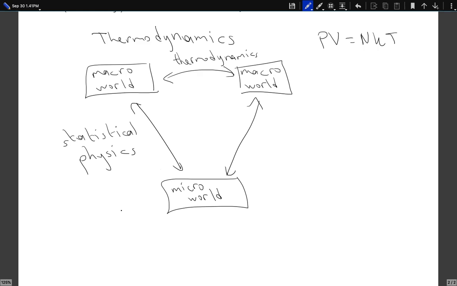So that will be the purpose of this whole course: how, at least in simple systems, we can start from the microscopic description, from the Hamiltonian of the system, whether you do classical physics or quantum statistical physics, and obtain the thermodynamic properties.